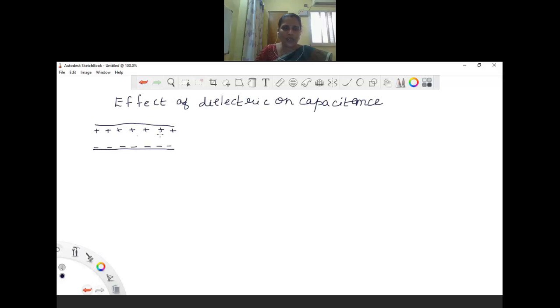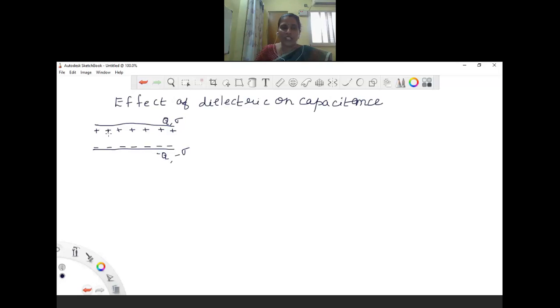They are separated by the distance D, and the charges of these two plates are plus Q and minus Q, and their surface charge density is sigma and minus sigma.